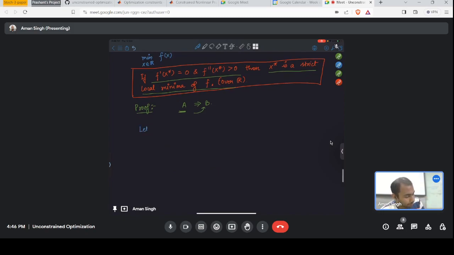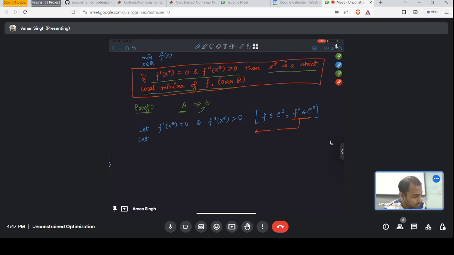So we'll assume what we have been given: f dash x star equals 0 and f double dash x star is greater than 0. We have also been given that f belongs to C2, which means f double dash is continuous. By this, we can assume a neighborhood.